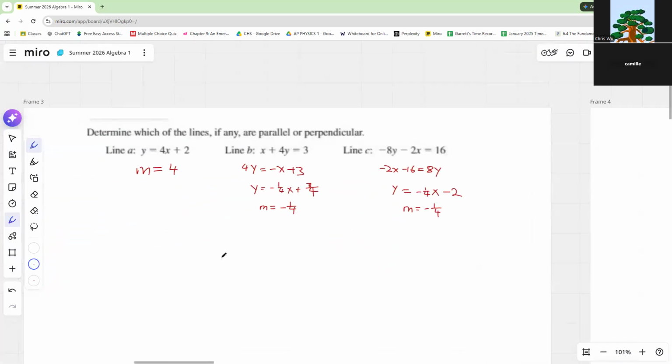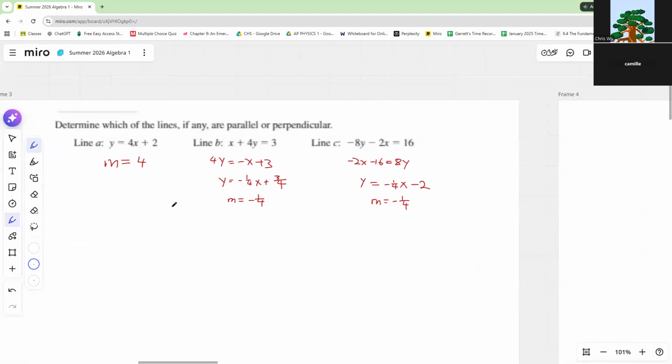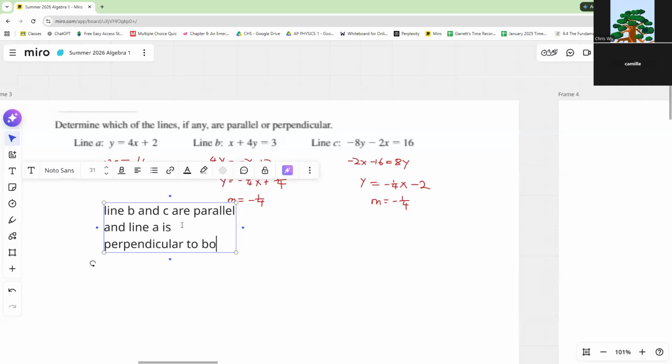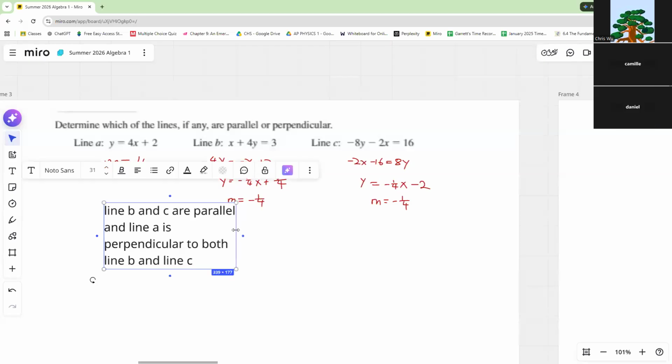Okay, so with that said, I look at these, which ones are perpendicular to which ones? Well, first I see line B and C are actually parallel. And line A is perpendicular to both line B and line C. Because we can do a double check.